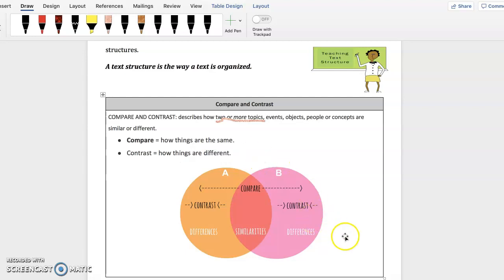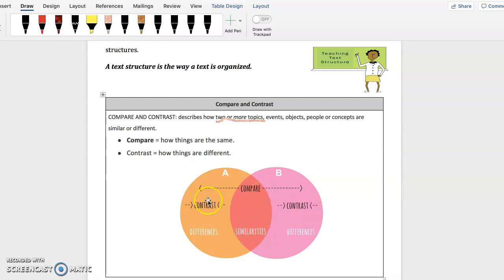So guys, I want you to look at this graphic organizer. This is not a web, but a Venn diagram, right? You have our orange circle, which is A, our first topic, and then you have the pink circle, which is B, our second topic. When you put them together, it creates a different color, and those are the similarities, right?